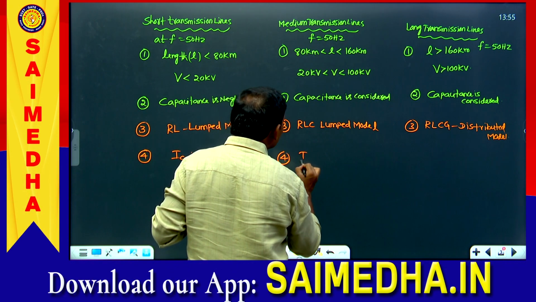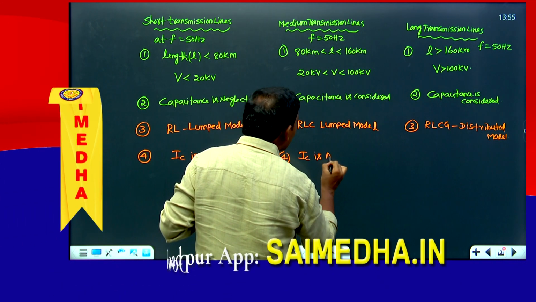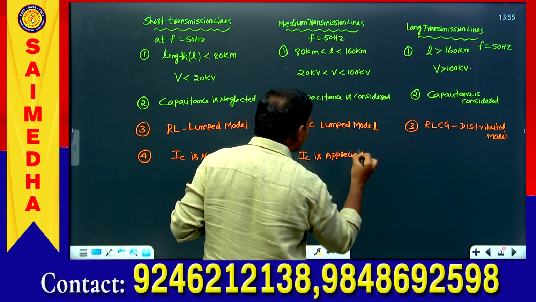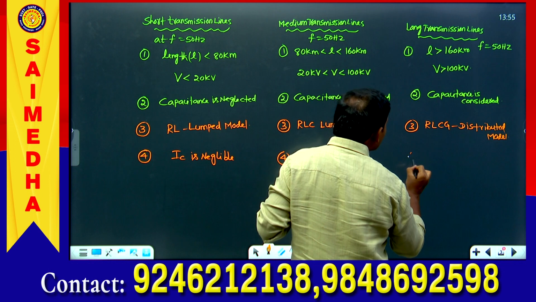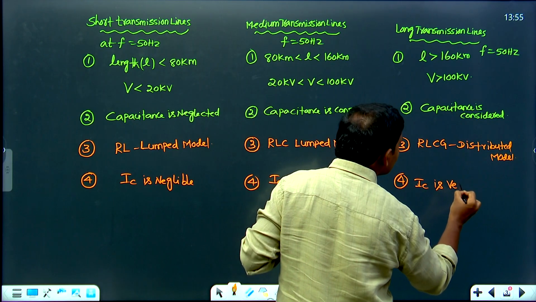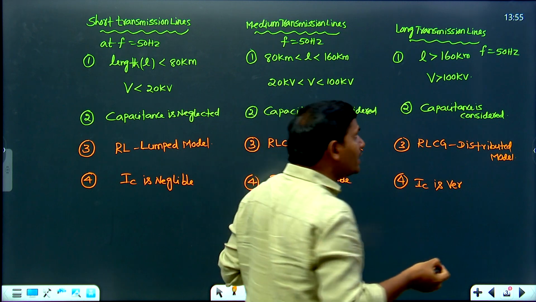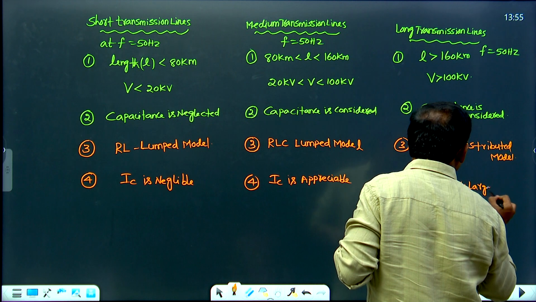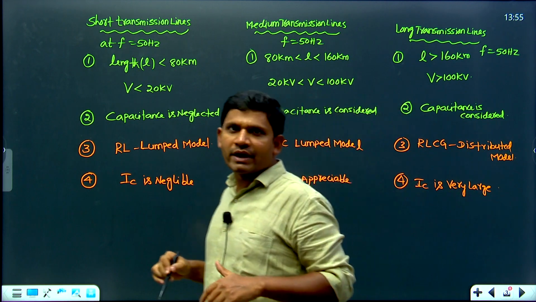IC is appreciable. But in the case of long transmission lines, IC is very large. IC, that is the charging current, students. The capacitor charging current is very large in the case of long transmission lines.